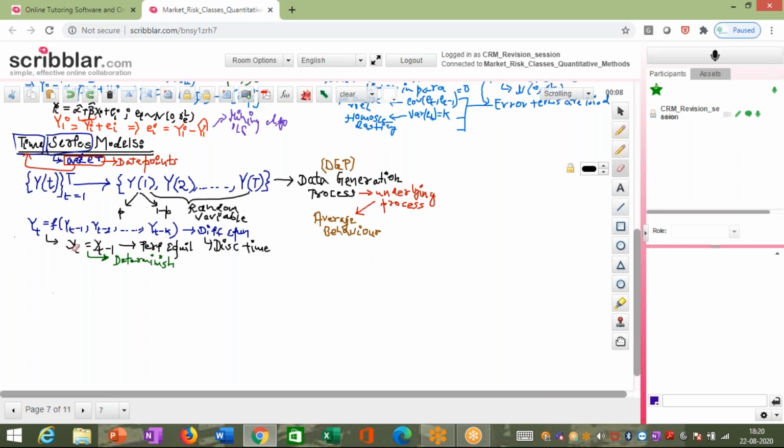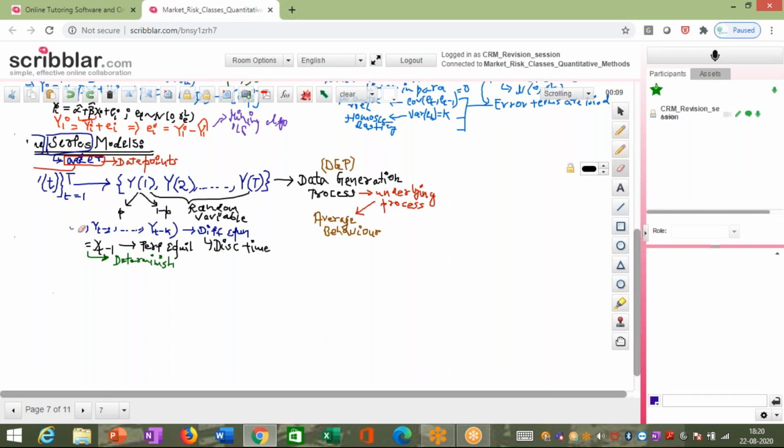We also need to talk about the stationarity of a time series. For the time series models that we are trying to build, how do we assess the accuracy?